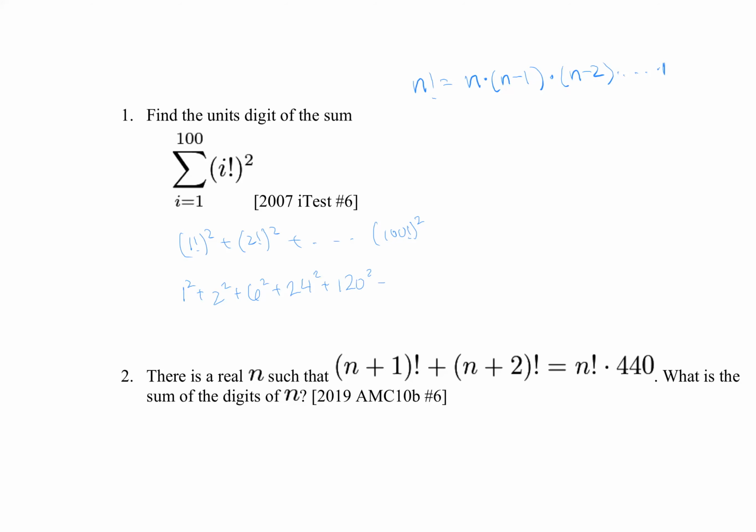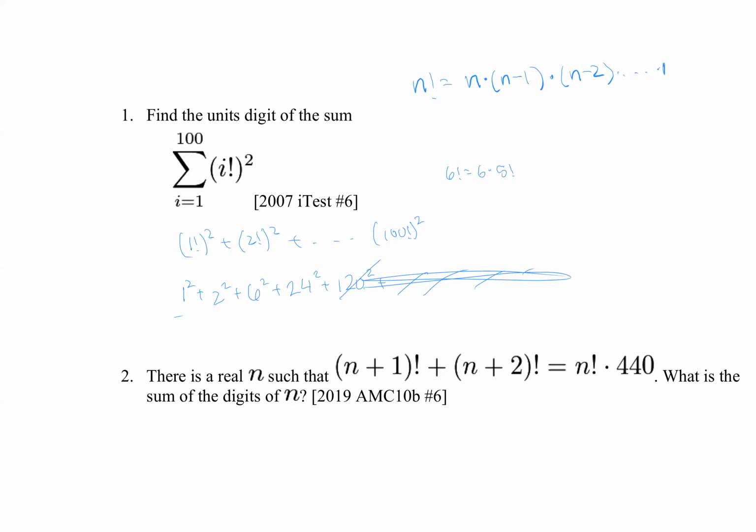From here, we realize that 6 factorial equals 6 times 5 factorial, and we know that 5 factorial ends with a 0. If you multiply a multiple of 10 by an integer, we get another multiple of 10. So 6 factorial also ends with a 0, and we can discard everything from 5 factorial onwards. None of it matters.